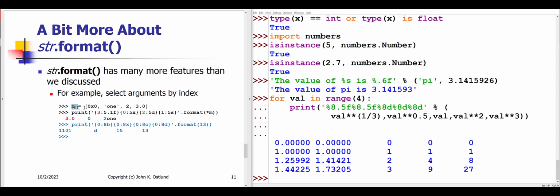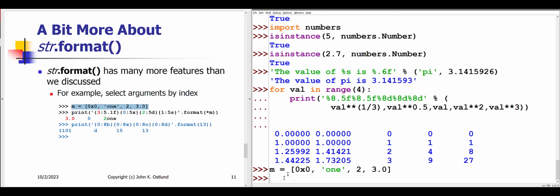But let's suppose that we create this list M. So this is the value 0. It's just the hexadecimal notation for the value 0, and that is an int. Then I have the string 1, the int 2, and the float 3.0.